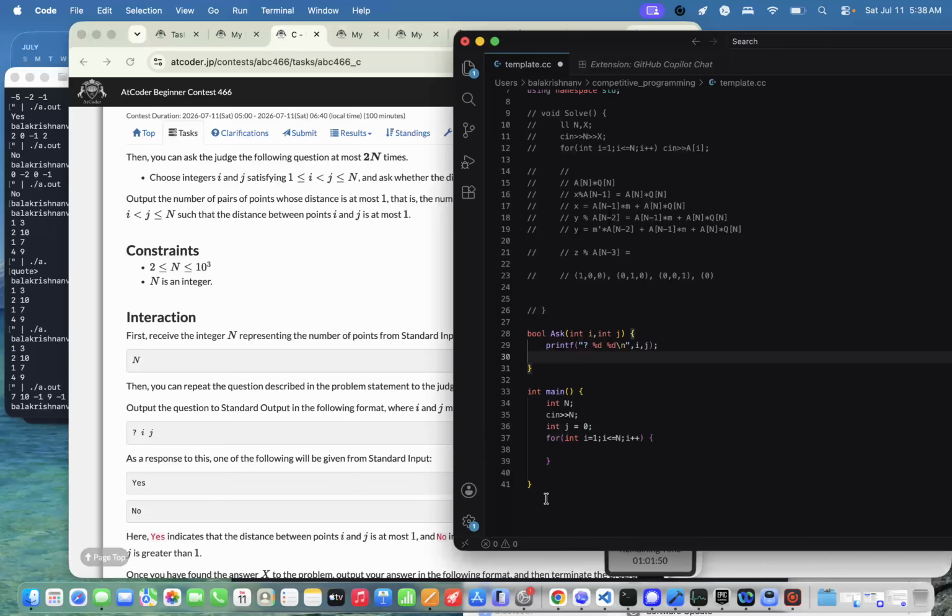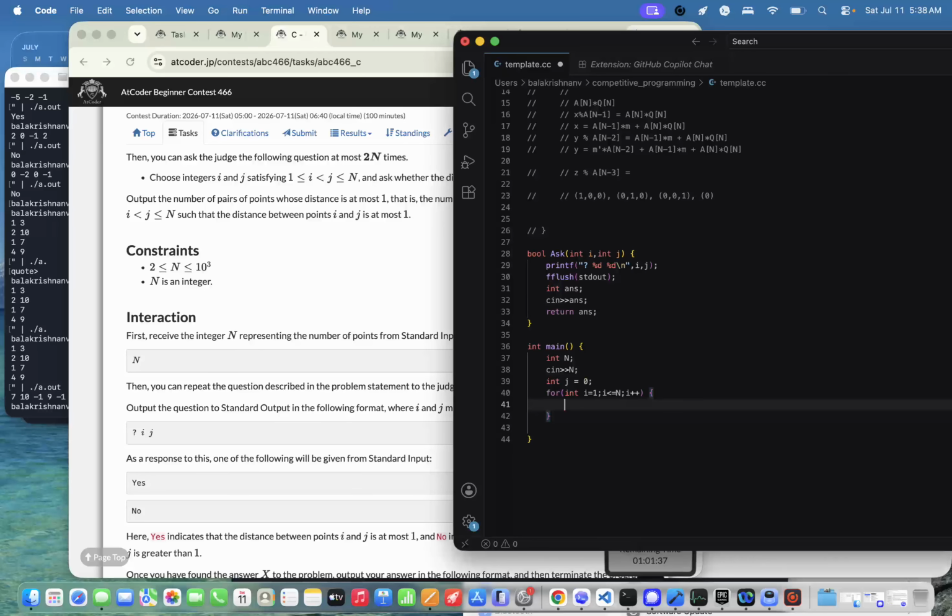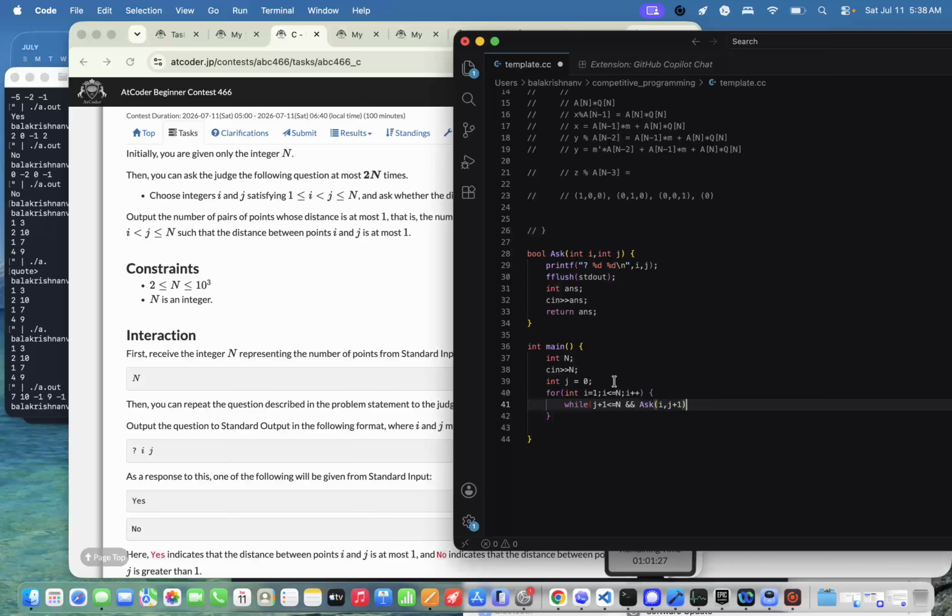So instead of doing this, flush stdout. While j plus 1 is less than or equal to n, ask of I comma j plus 1 is equal to 1.